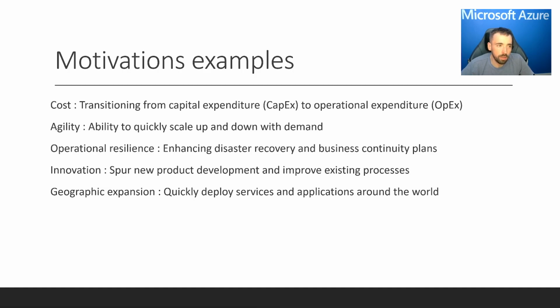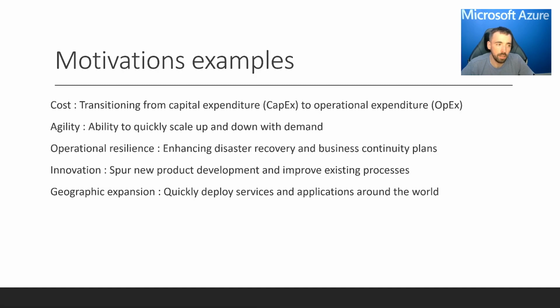Agility is another example, the ability to scale up and down, as I just mentioned. Operational resilience, disaster recovery and business continuity plans. Naturally, the cloud provides a lot of capabilities with less work than you might have in an on-premises environment.